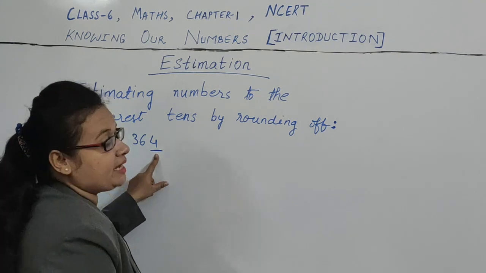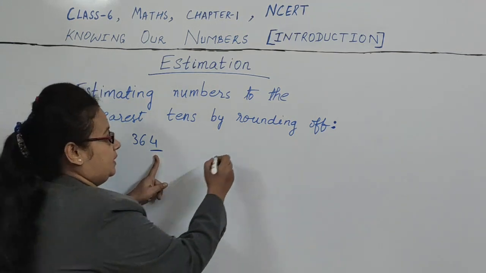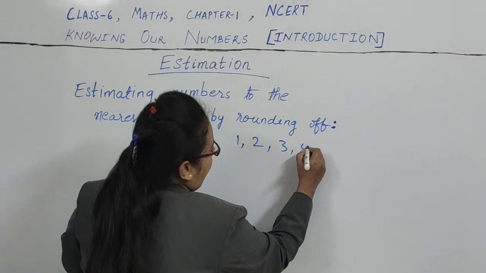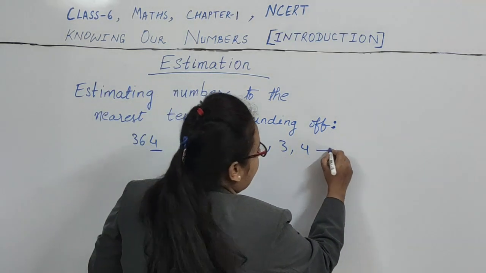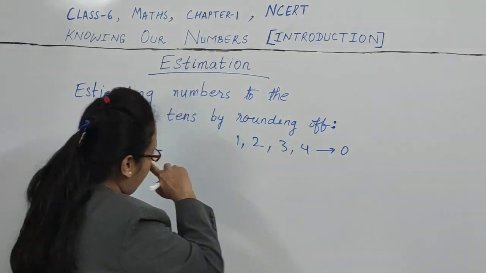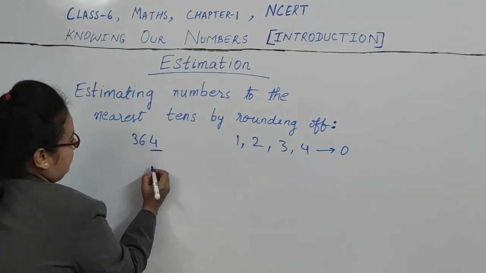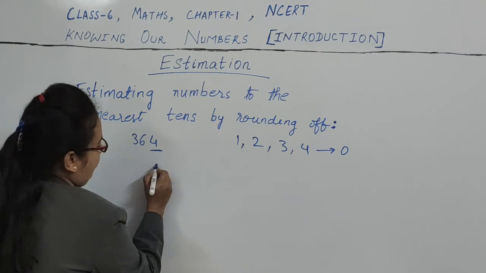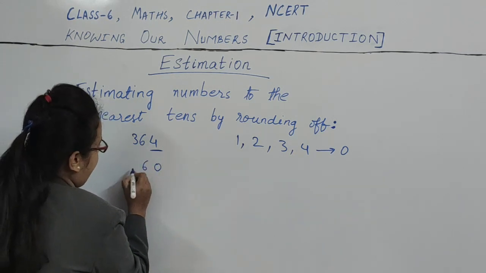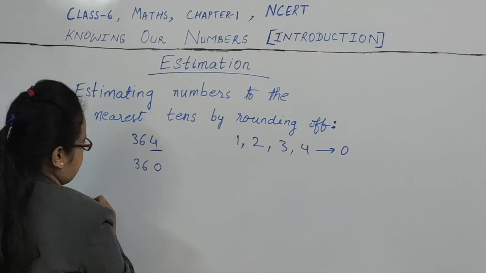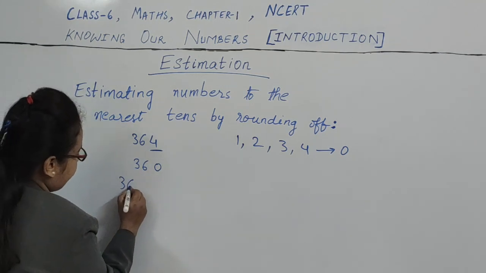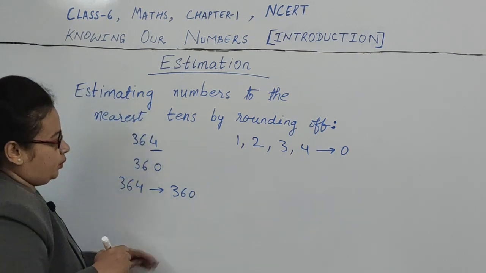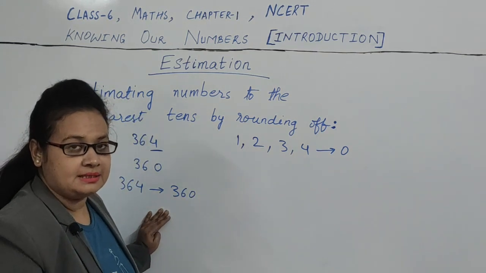So when the digit at ones place is 1, 2, 3, 4, it is rounded off to 0. So this 4 will be rounded off to 0. 6 will remain as it is and 3 will remain as it is. So what we have seen, 364 is rounded off to 360 to the nearest tens.